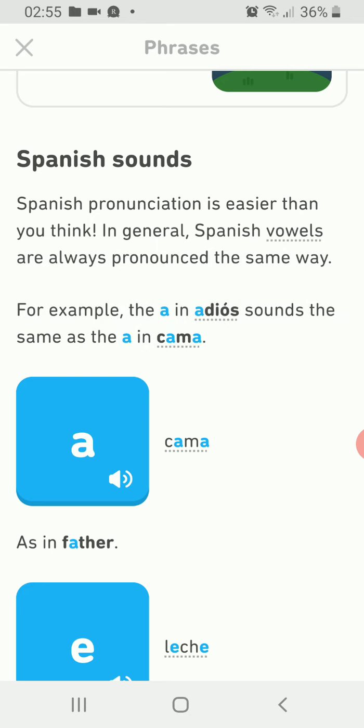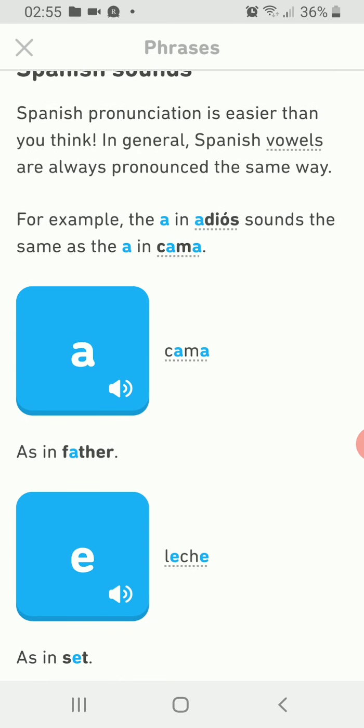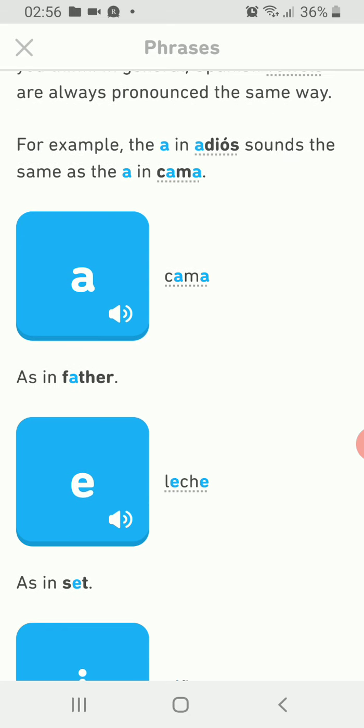So that's how it sounds in Spanish. Always pronounced the same way. It doesn't matter in which word you're using these vowels, they will always sound the same. And here we have some examples to prove this.